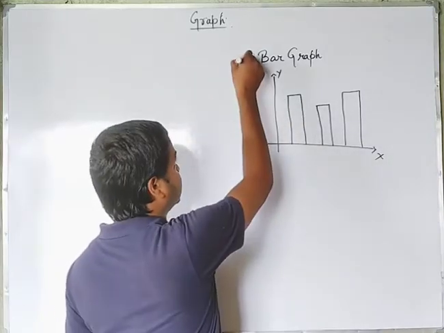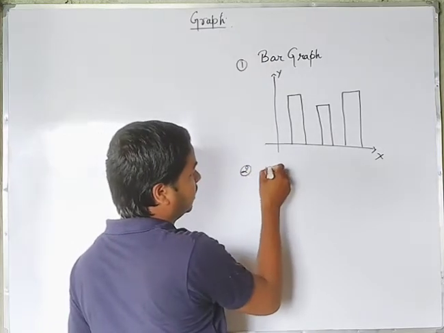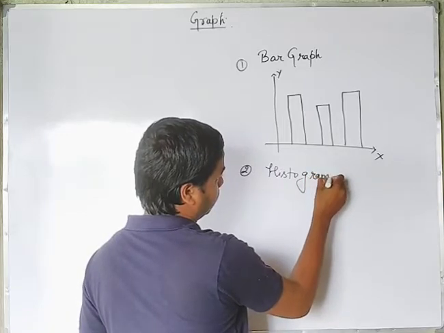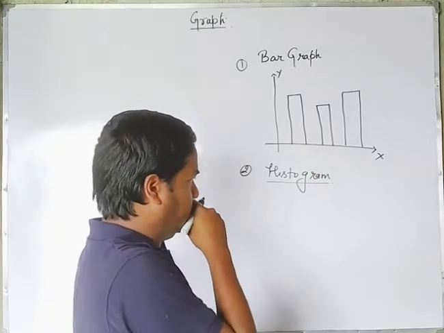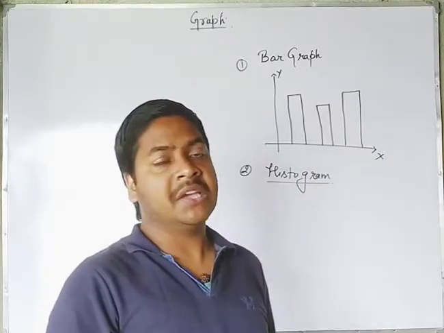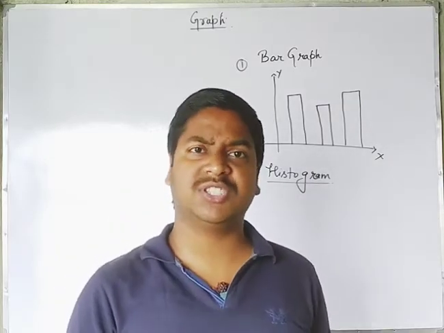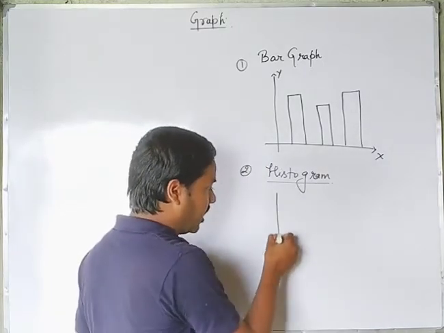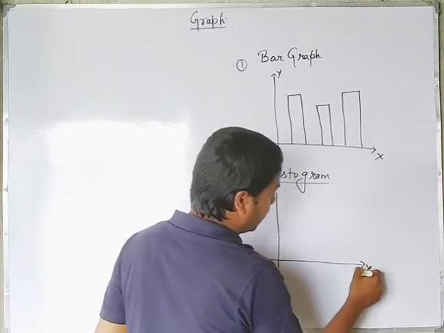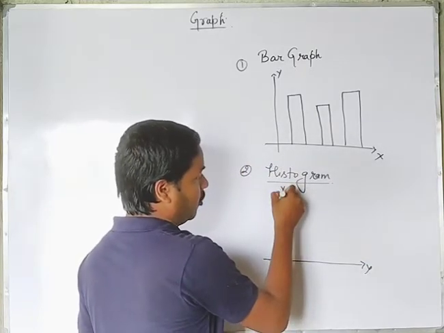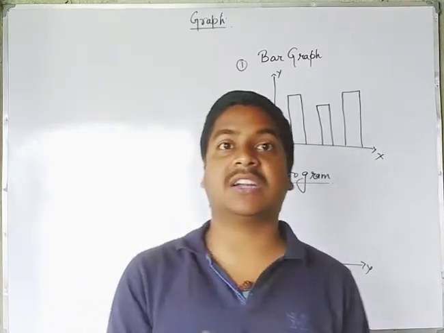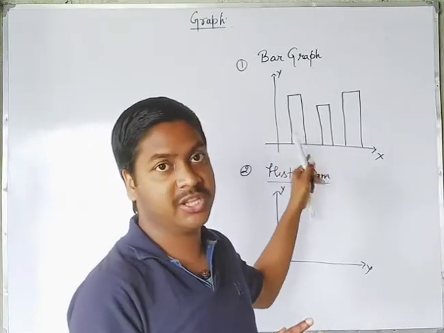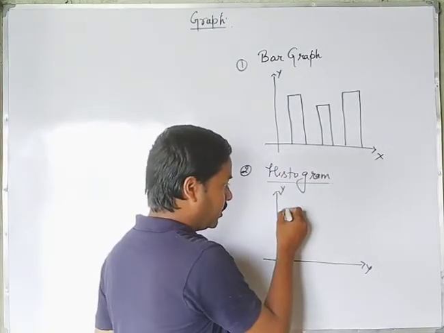This was the first. Next one that you need to study is the histogram. What is a histogram? Histogram and bar graph are a little similar but not exactly the same. The only difference is that in a histogram all the rectangular bars are connected to each other, but in a bar graph they are separated.